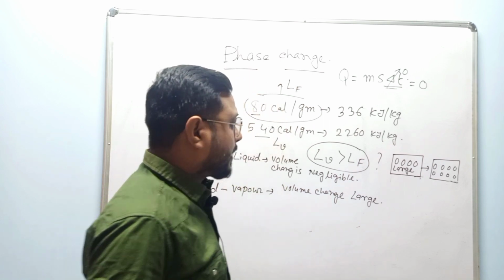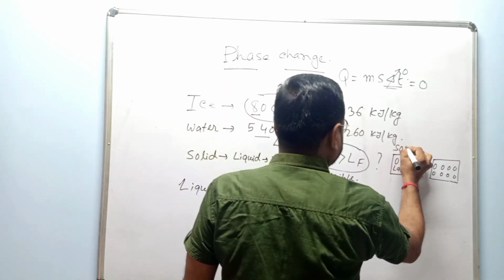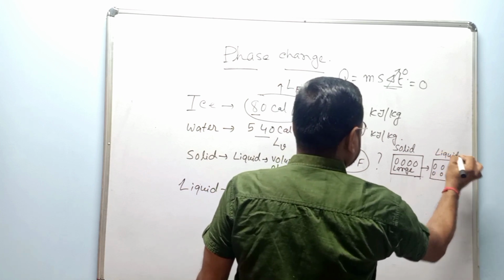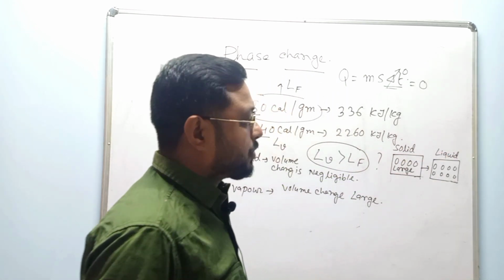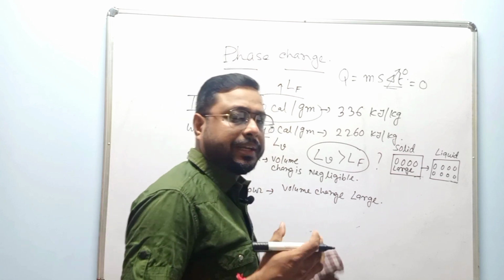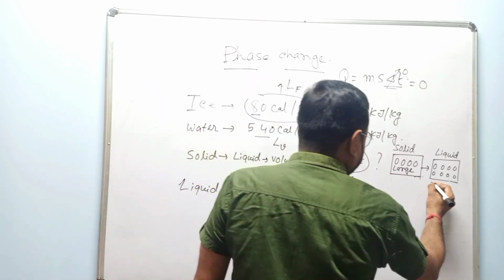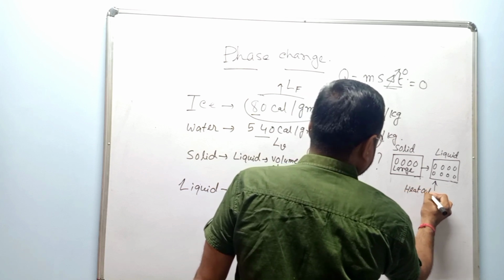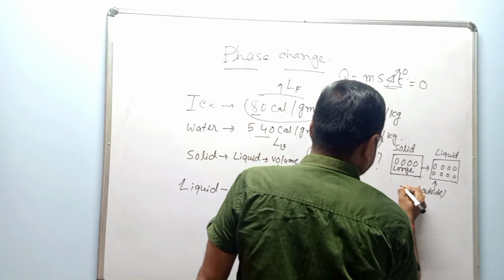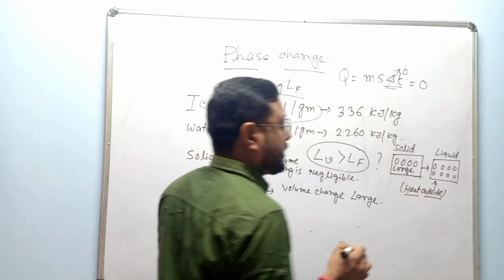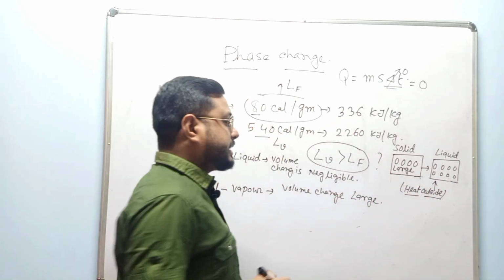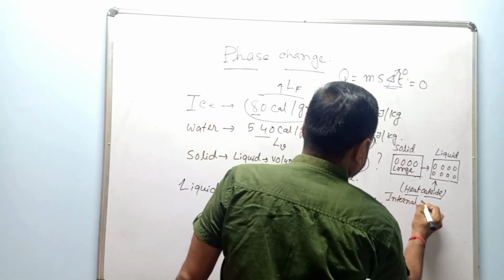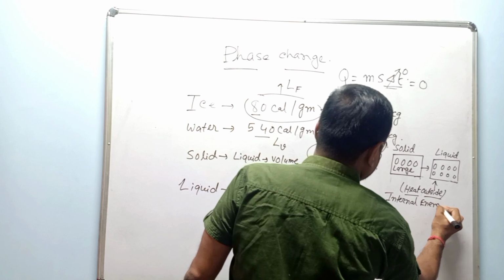So, when a solid gets converted into liquid, its intermolecular force becomes weak, and we have to do some external work against the intermolecular force. So, we have to supply some heat from the outside. It increases its internal energy, that is the sum of its kinetic and potential energy.